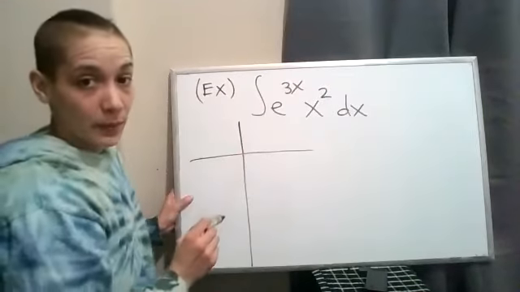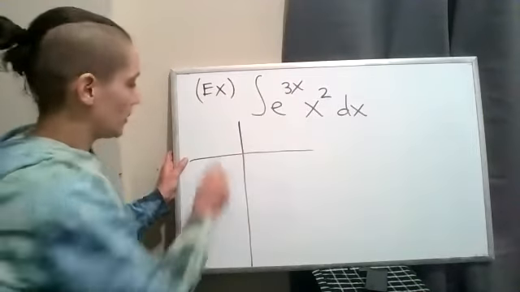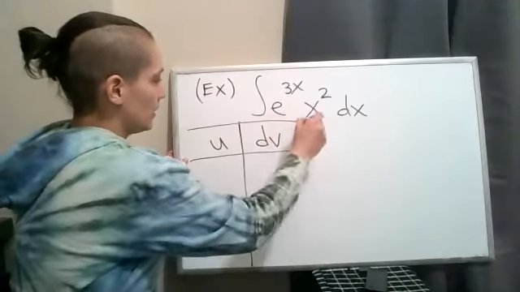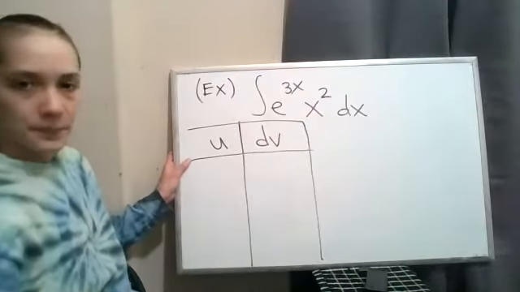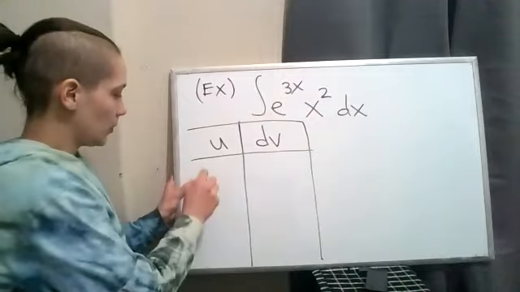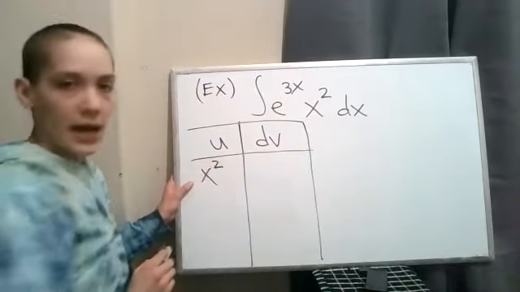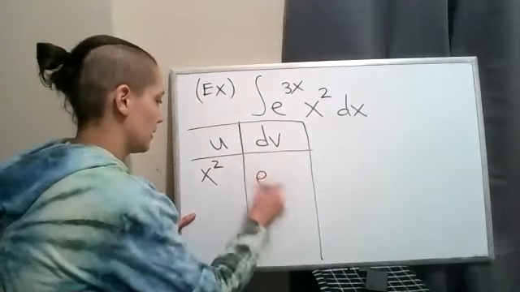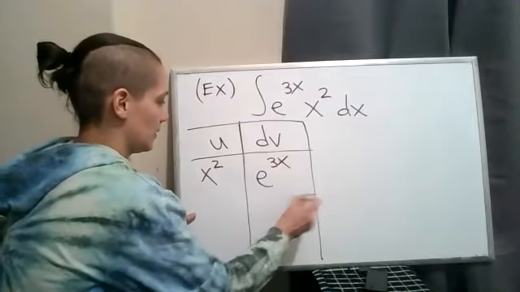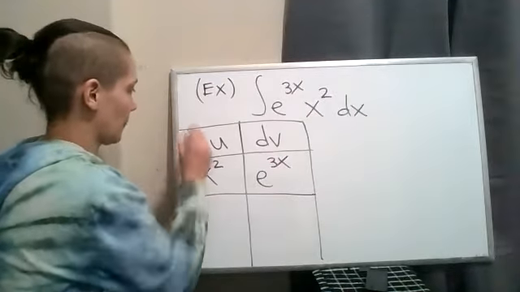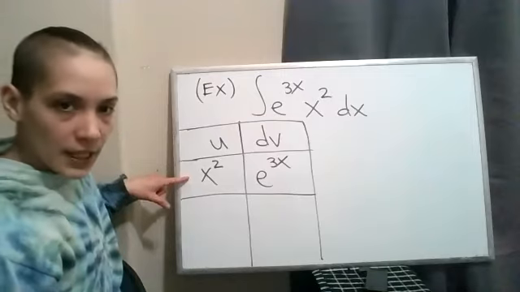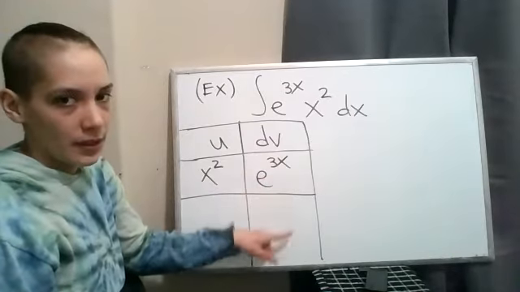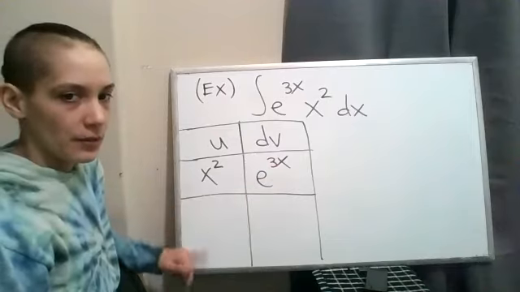And we're going to use a table. So on this side are the u values, and this is my dv. You will start with x squared. dv is e to the 3x. This side, you take the derivative till you get to 0, and on this side, we're going to do an integral for each one of those.